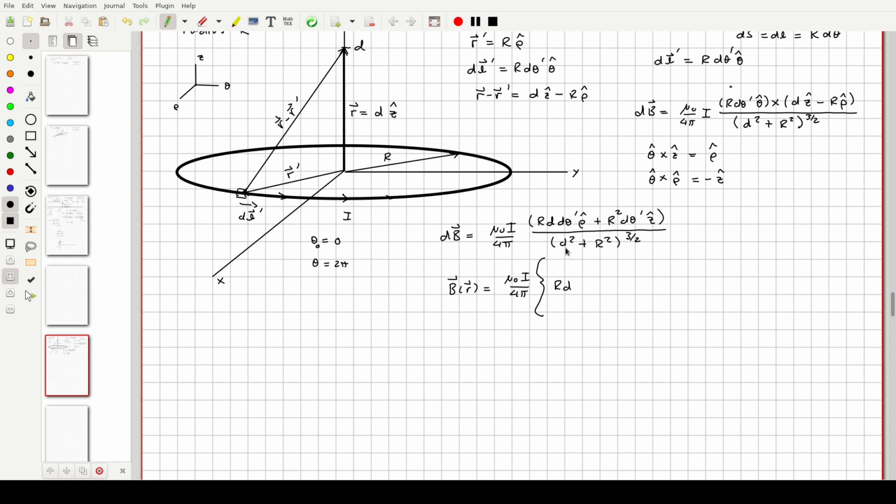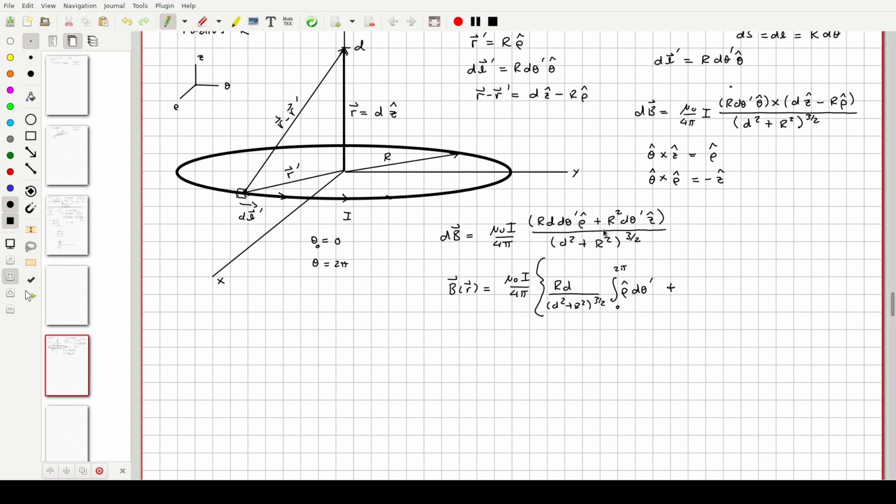I'd also like to point out that you have a d squared plus r squared raised to the 3/2. That's constant. Okay, so these are all constants right here. You're going to have to integrate potentially rho hat d theta from 0 to 2 pi. So that's the first one.